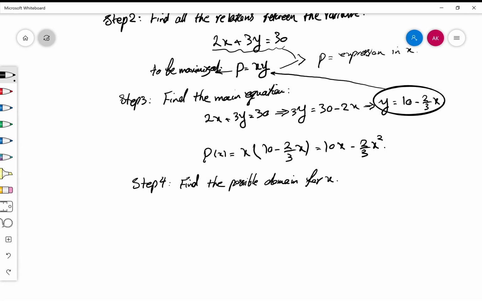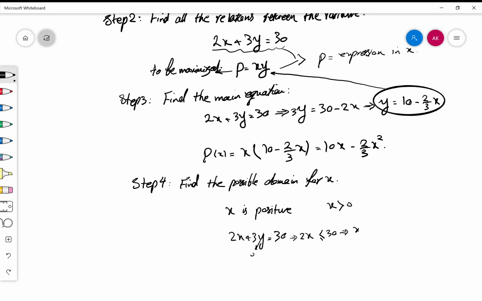Well, x is positive, which means x is bigger than 0. Also, x and y are both positive numbers and 2x plus 3y equals 30. It means the lowest value of y can be 0, and 2x is always less than or equal to 30.